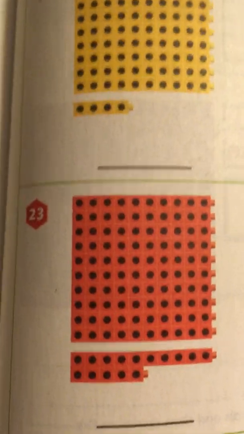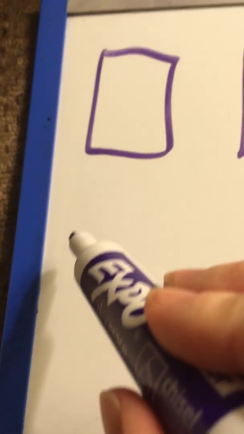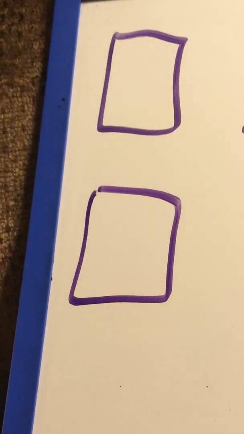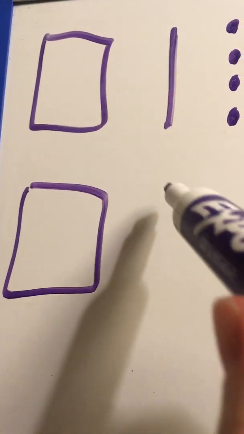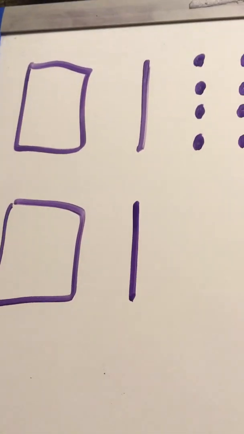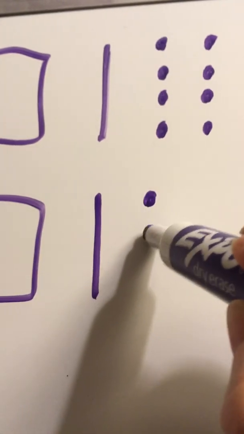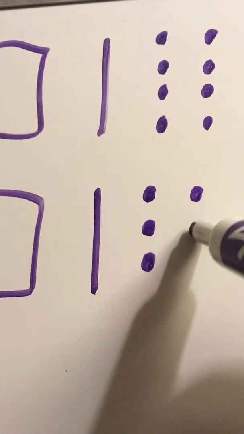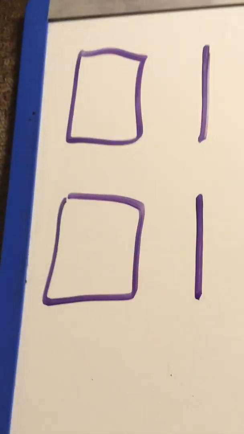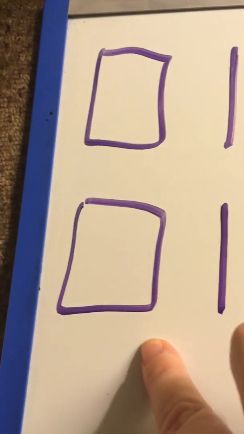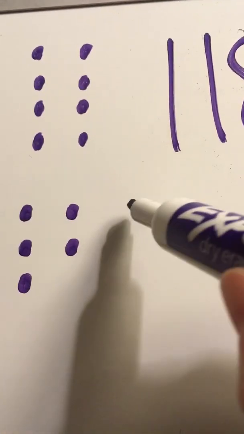Now you're going to draw that on your paper. So we have, remember the square is 100. We have 110, one group of 10, and we have 5 ones. 1, 2, 3, 4, 5. So to write our number, we have a 1 for the hundreds place because we have 100.